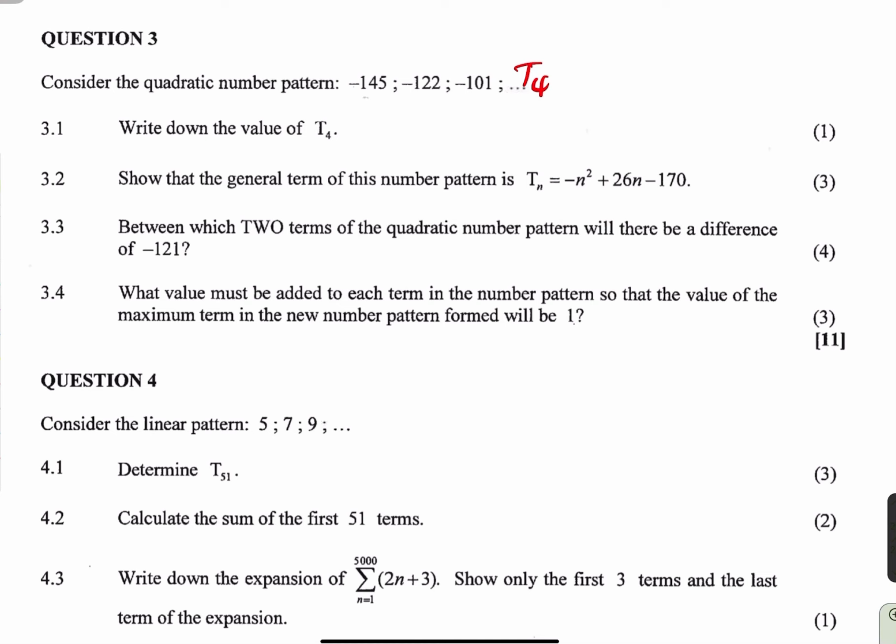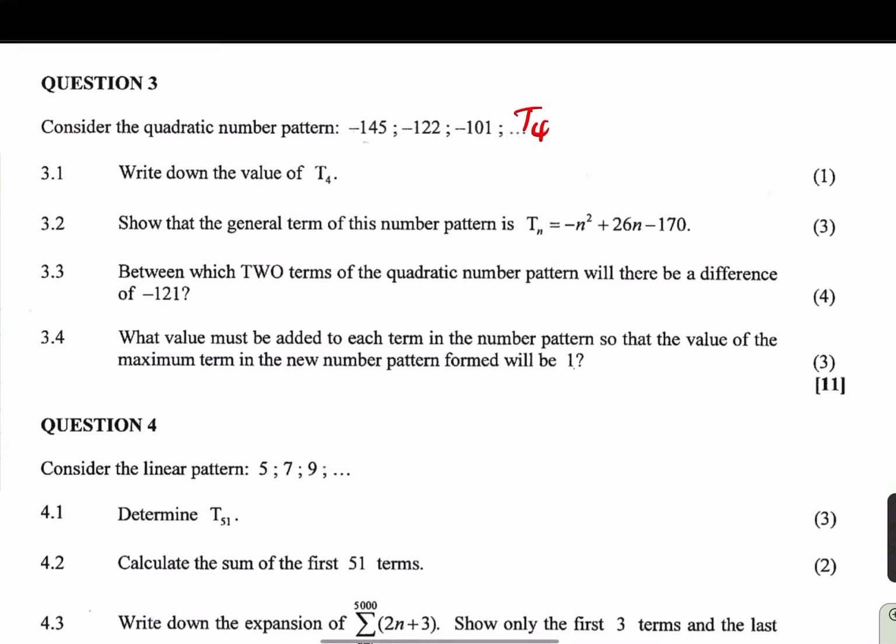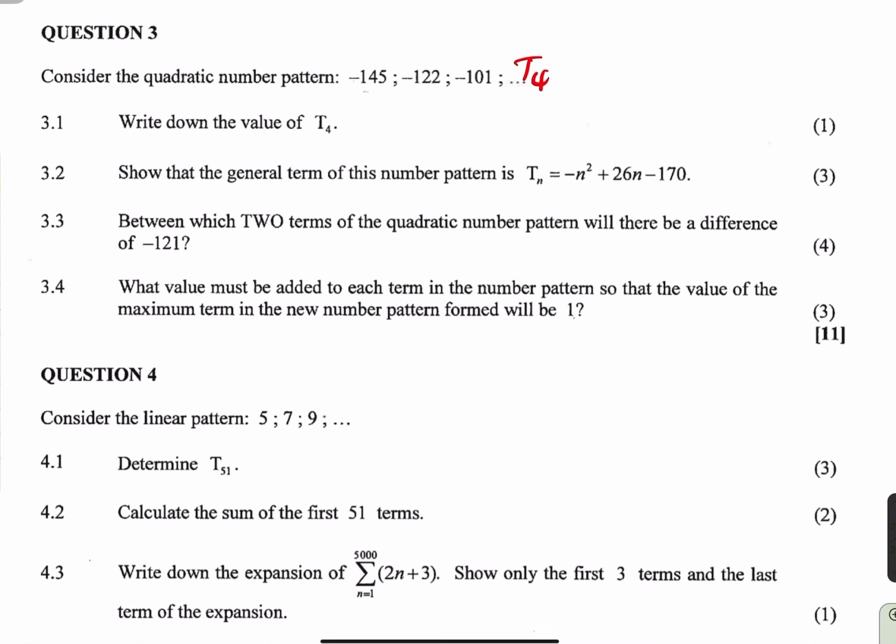All right, so this is very easy. I'm going to copy the problem and start working it out. So this is question 3. We have the pattern: minus 145, minus 122, minus 101.